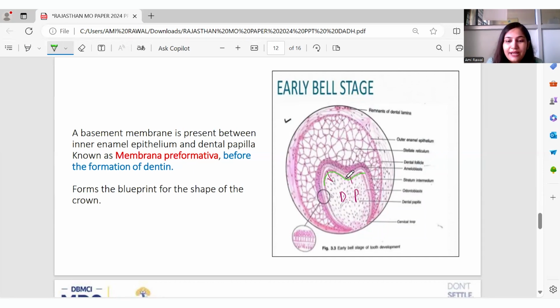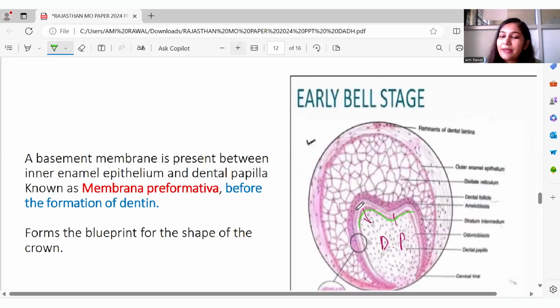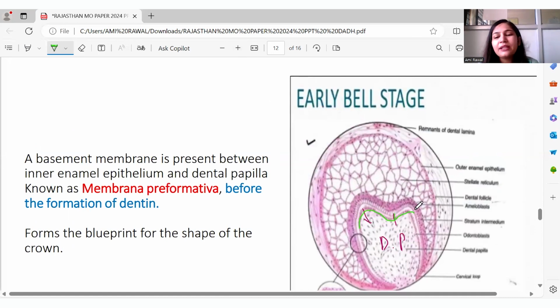You can easily appreciate the inner enamel epithelial cells here, and the green portion you are seeing will be the basement membrane. This structure is membrana preformativa before the formation of dentine. So remember, formation of dentine, any hard structure, starts in advanced bell stage. It forms a blueprint for the shape of the crown.